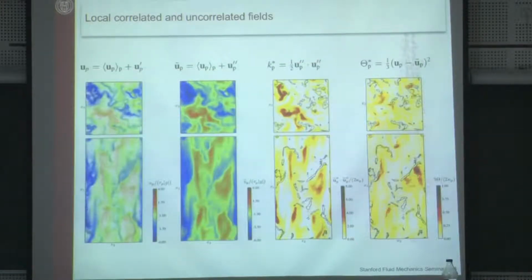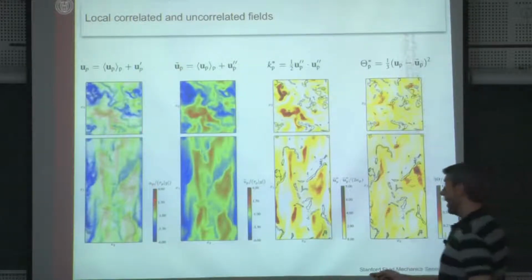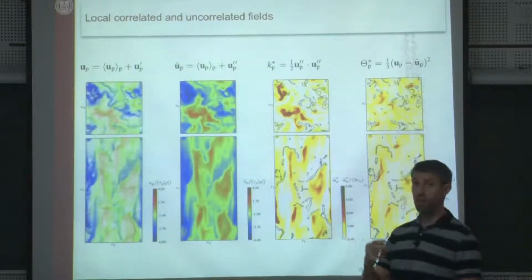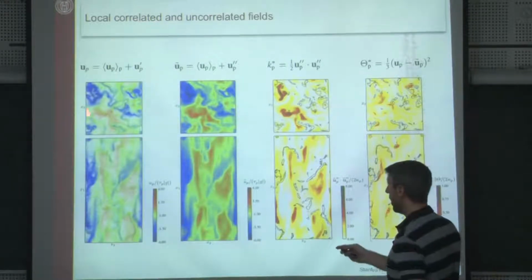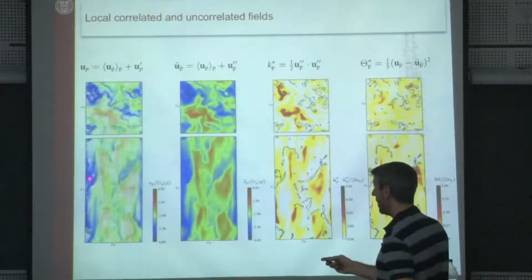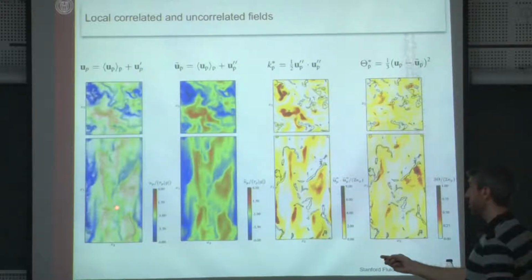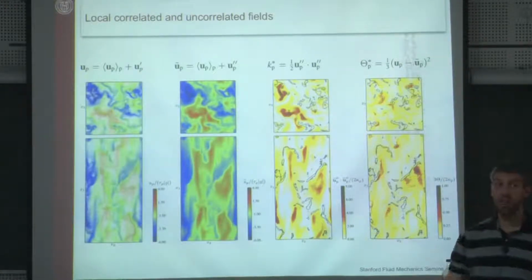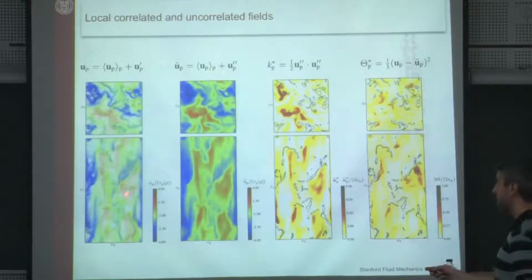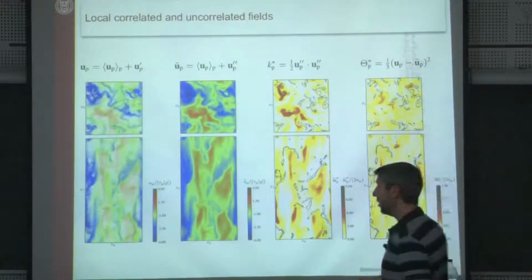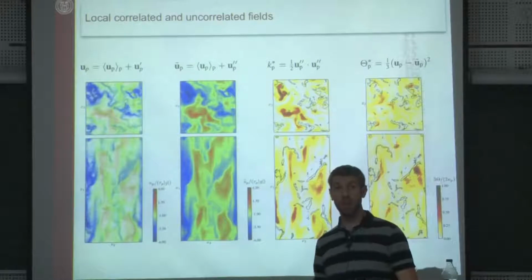That allows us to start thinking about how to process our data. Each little dot is a particle in our flow. This is looking from the top, this is looking from the side in our cluster-induced turbulence calculation. Each little dot is a particle, colored now by its instantaneous velocity.